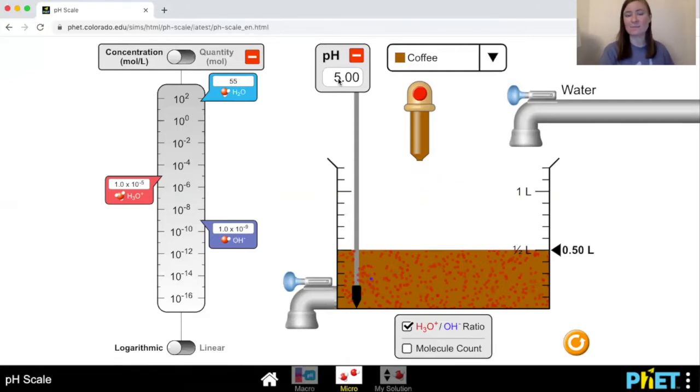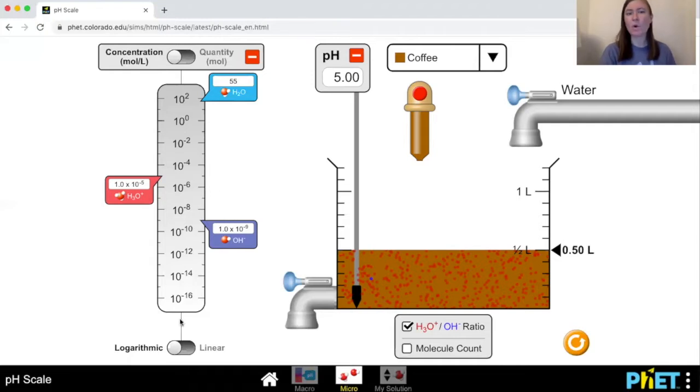This solution that has a pH of 5 has 100 times as much H3O+, and 1/100th as much OH-. And so these concentrations are fluctuating wildly as we change the pH.